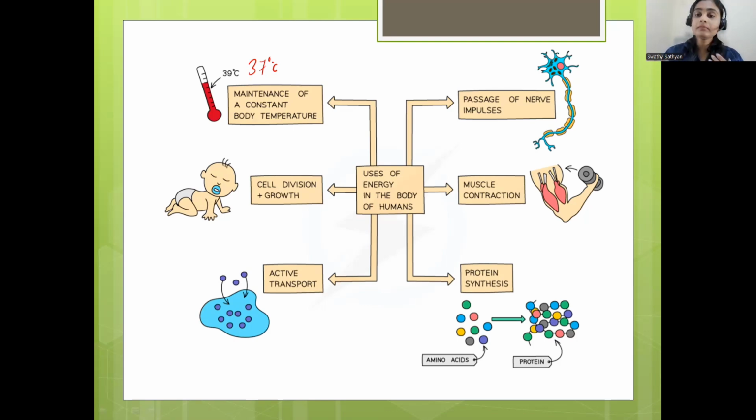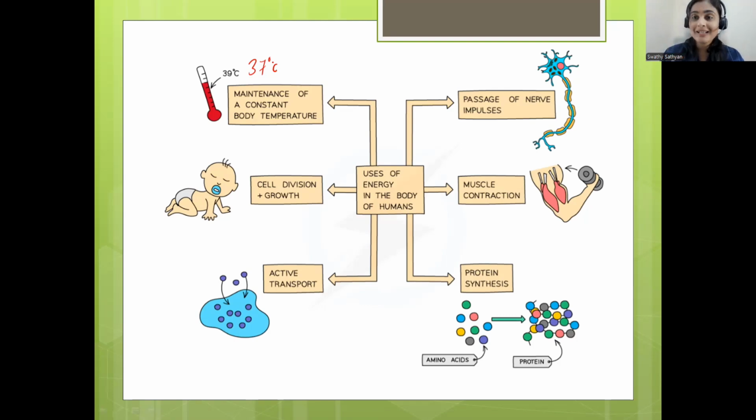All right. Then passage of nerve impulses. Our body consists of many nerves, and these nerves carry impulses from one nerve to another, as well as from the muscle cells to nerves, right? So in order to carry out these impulses, it requires energy.